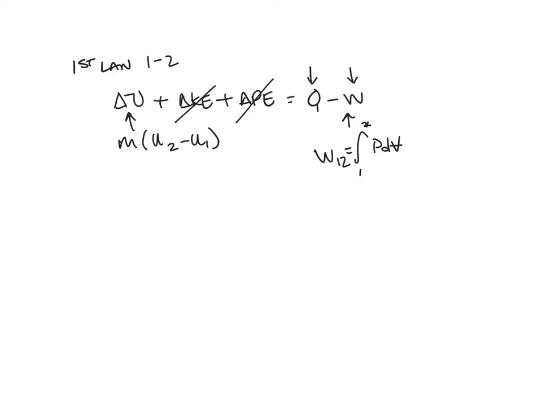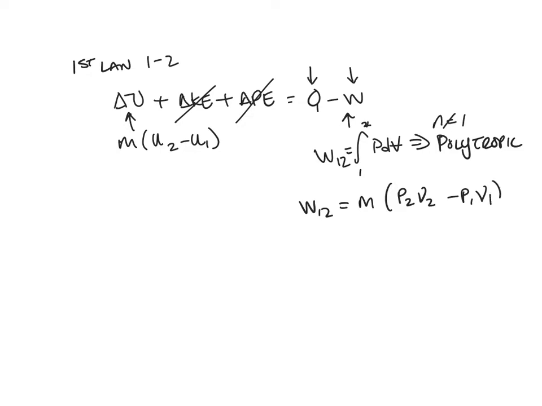If we remember, for a polytropic process with n not equal to 1, we actually have an equation for that. You could do the integral, or you can just look this up in your textbook. Work from 1 to 2 is going to be the mass times pressure 2, specific volume 2, minus pressure 1, specific volume 1, over 1 minus n. And n is known. In this case, they told us it was 1.25. So that is known.